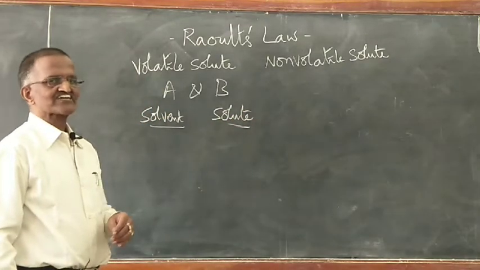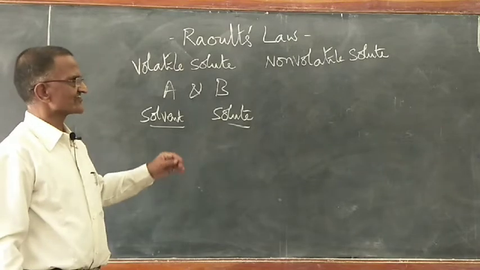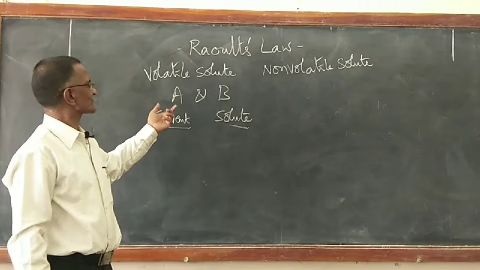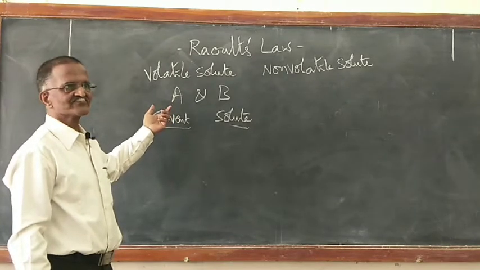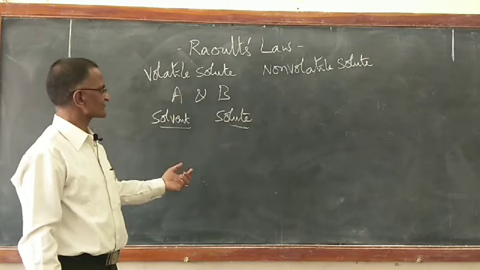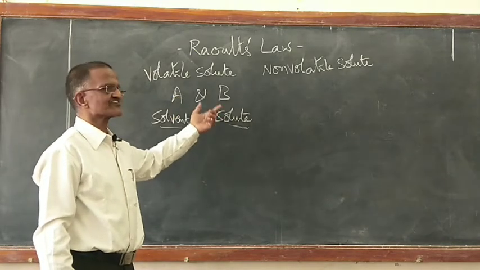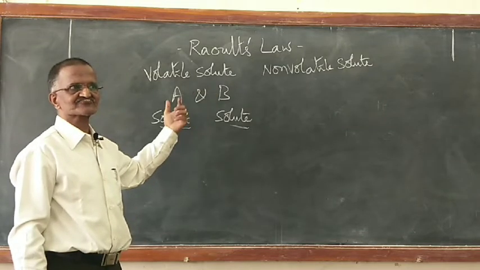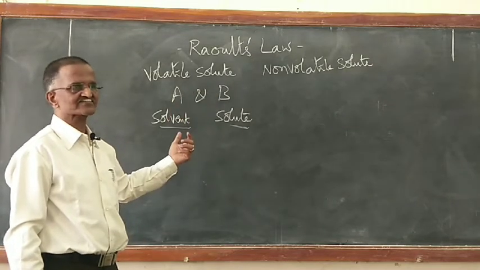Now I want to graphically represent what will be the vapor pressure of the solvent component and what will be the vapor pressure of the solute component when I have a homogeneous mixture, a solution in liquid state.